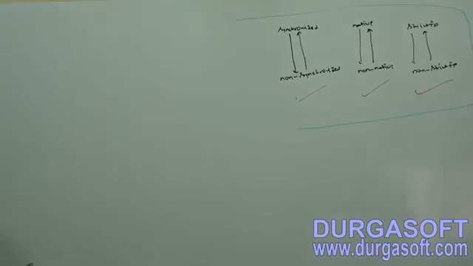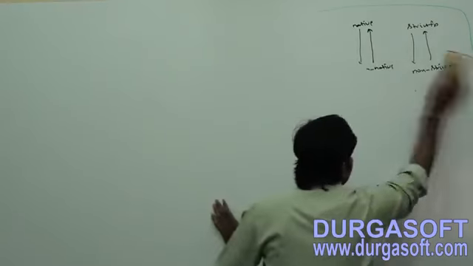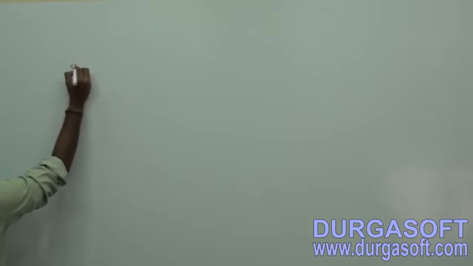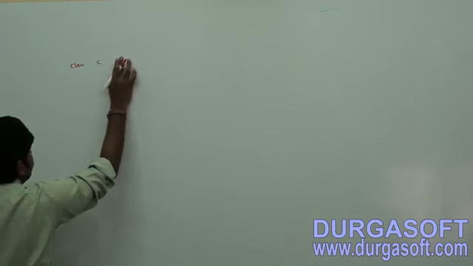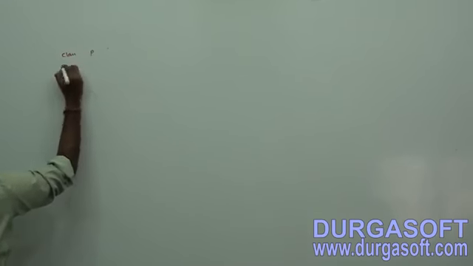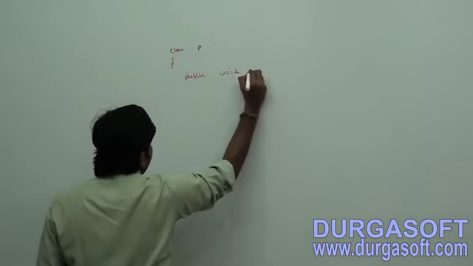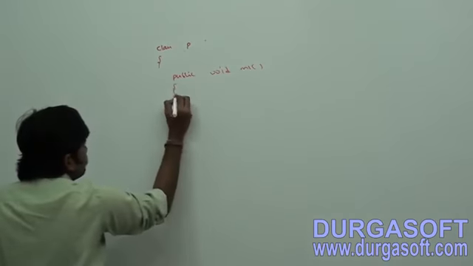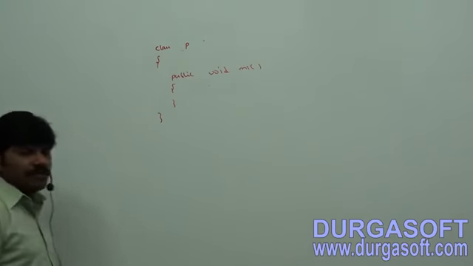So the next point, make sure, a very, very important conclusion we have to talk about. Here the next rule: assume the parent class method is, class P, public void m1.